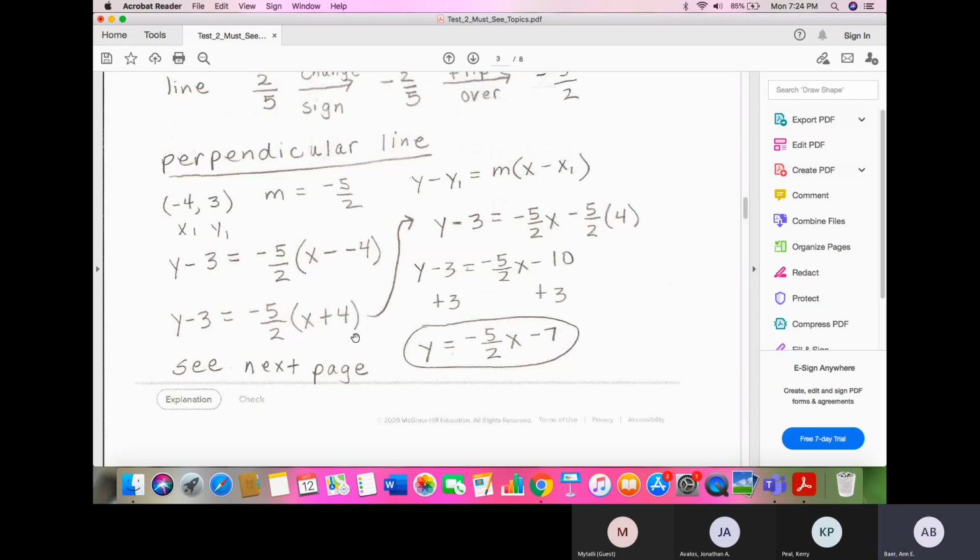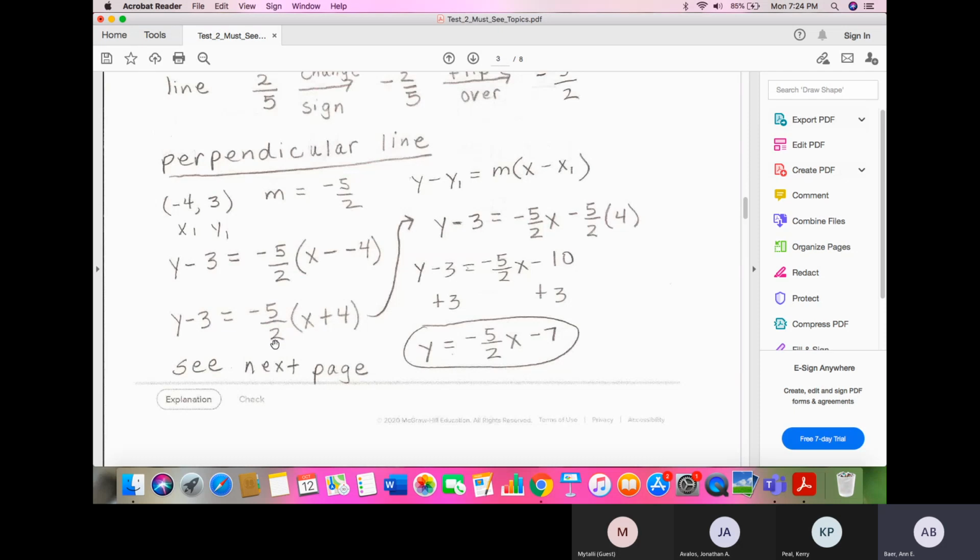So we want to clean this up, and we want to state all the equations for lines in slope-intercept form, which means we need to solve for y. So the first thing I'm going to do is copy this over, y minus 3, and this is multiplication over addition, so we want to distribute.